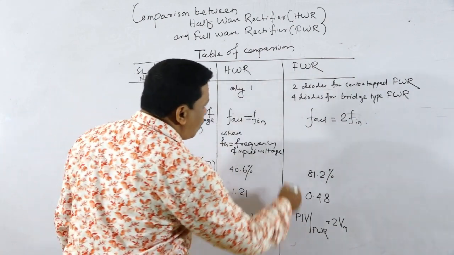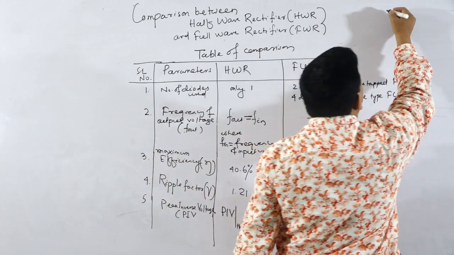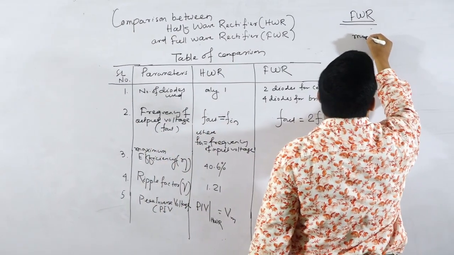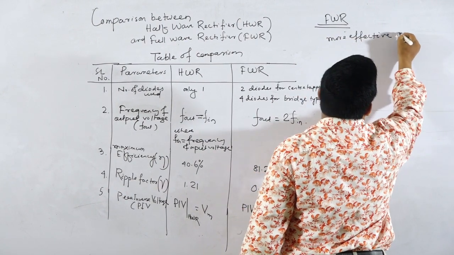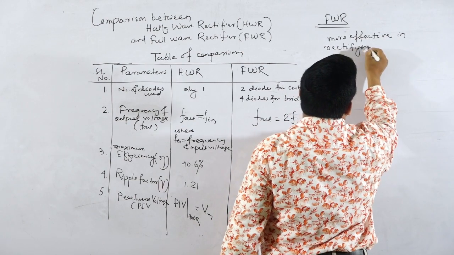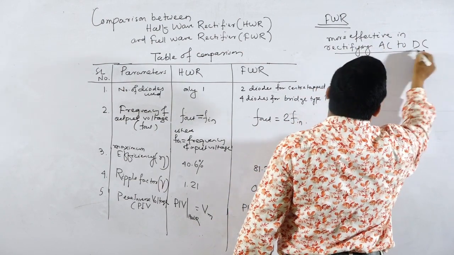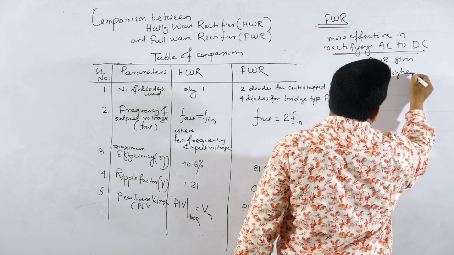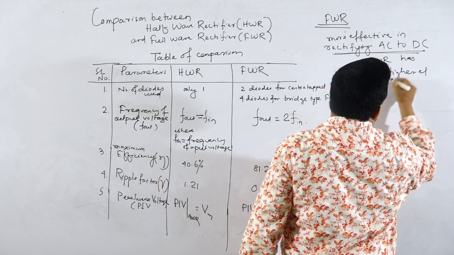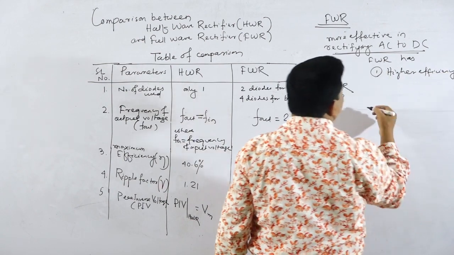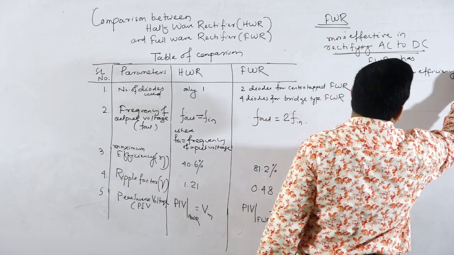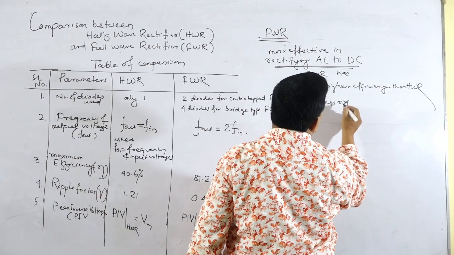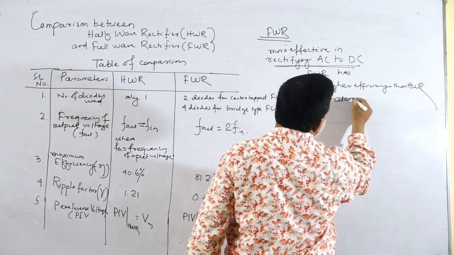So if you compare all these things, you find that the full wave rectifier is more effective in rectifying AC to DC, because full wave rectifier has higher efficiency than half wave rectifier, and less ripple factor.